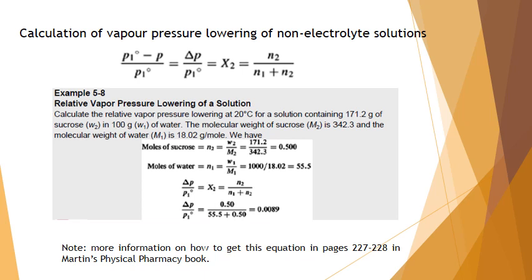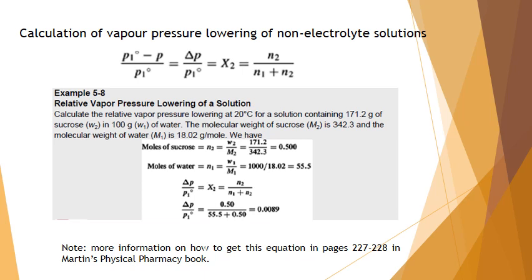Also, if we know exactly the vapor pressure of the pure solvent, we can calculate delta P, which is the lowering in vapor pressure between the pure solvent and the solution. That is how to calculate the lowering in vapor pressure of a non-electrolyte solution.